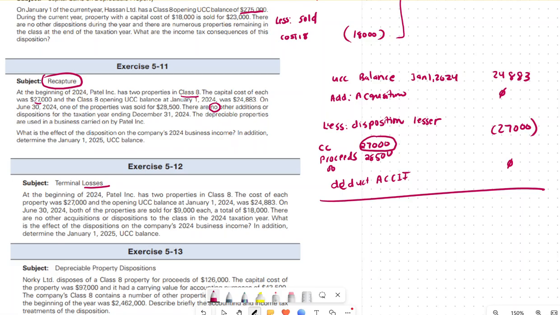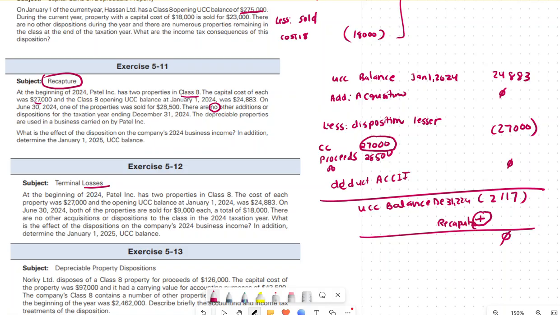So what do we do in this case? We will have a negative number. This is the UCC balance on December 31st, 2024. If I needed to add to it to bring this balance to zero, so if it's a plus, we call that a recapture.